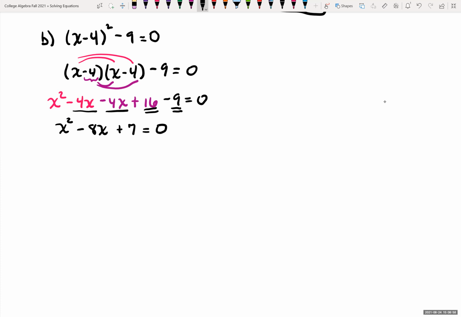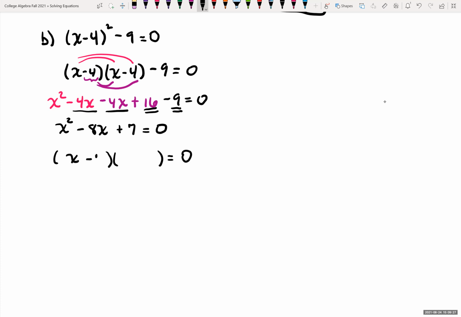So in this form, I would see if it's factorable: what multiplies to give me my constant 7 and adds to give me my middle coefficient of negative 8. This is the easier way to do it because the coefficient in front of the x squared is 1. So those are easier to factor if they're factorable. So what multiplies to positive 7 and adds to negative 8 is negative 7 and negative 1.